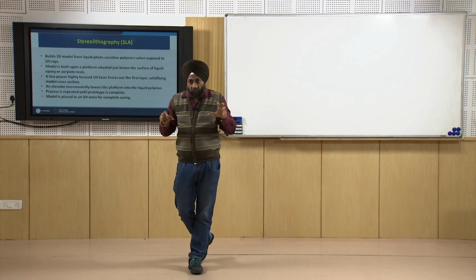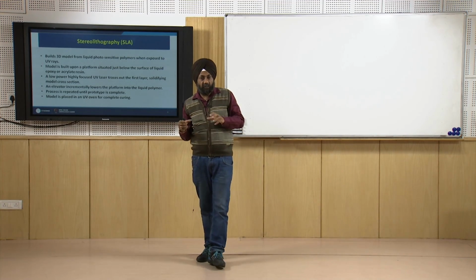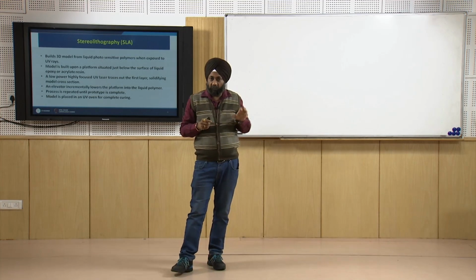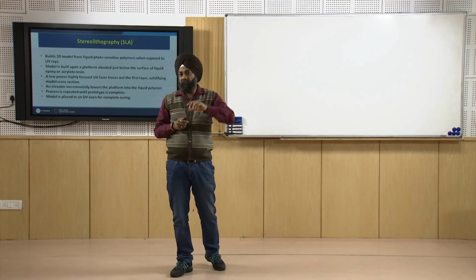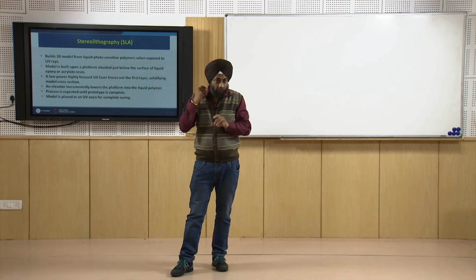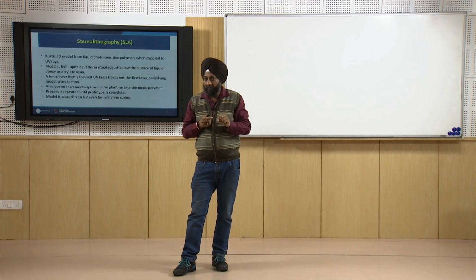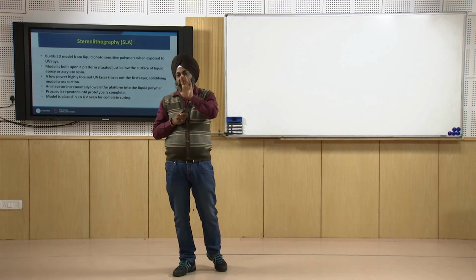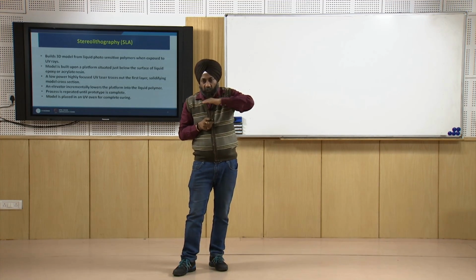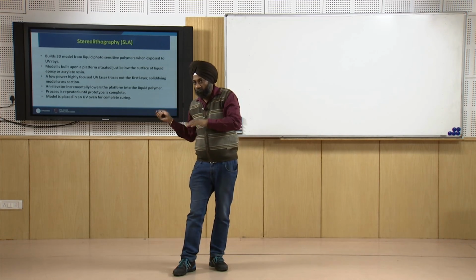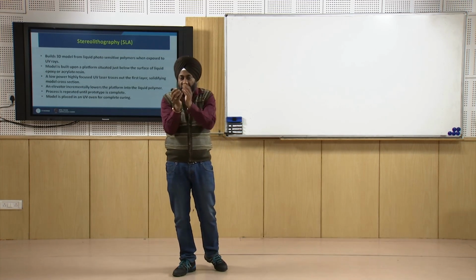So in this way, what are the inputs? The inputs basically are the CAD model of the final prototype that we want to make, or the CAD model of the product that we want to produce. For prototyping we require that file, then that file needs to be converted into STL format. From STL format we need to slice the model into the individual layers, because we have seen that the model is created layer by layer.